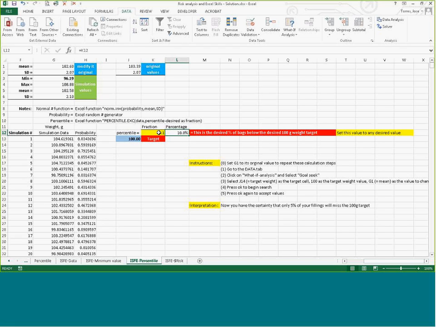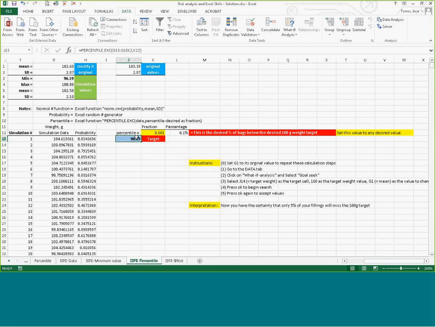So I want to say small. Now it's 0.1%. Now the target is 96 in 100. So to increase my mean, so this becomes 100.